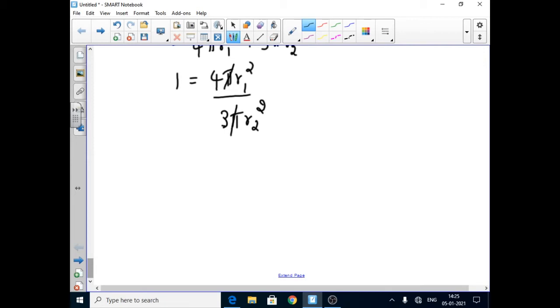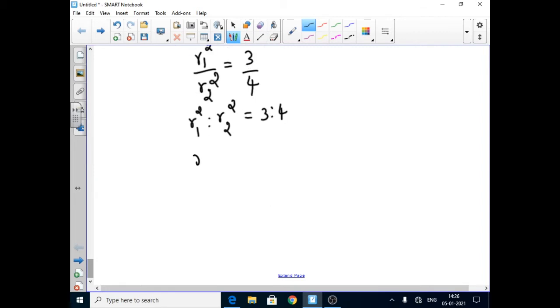So r1 square divided by r2 square is equal to, the 4 by 3 going to the opposite side becomes 3 by 4. So r1 square is to r2 square is equal to 3 is to 4.